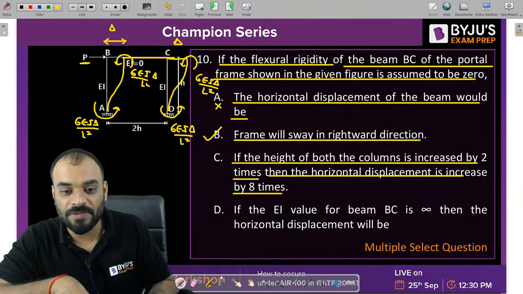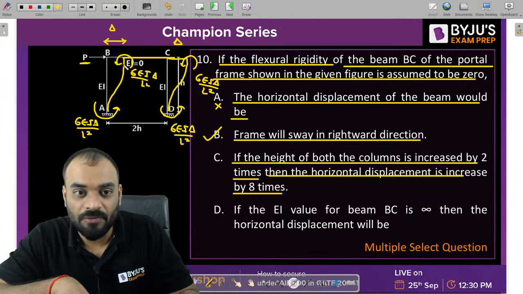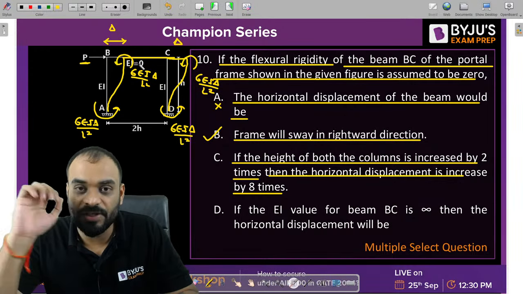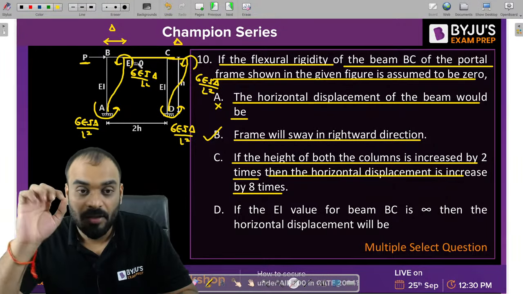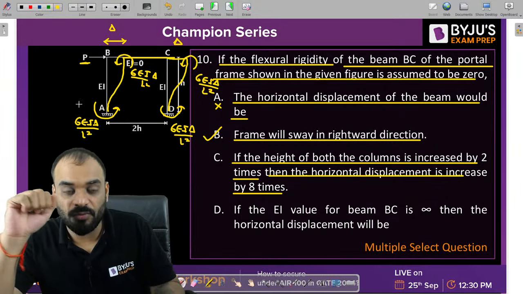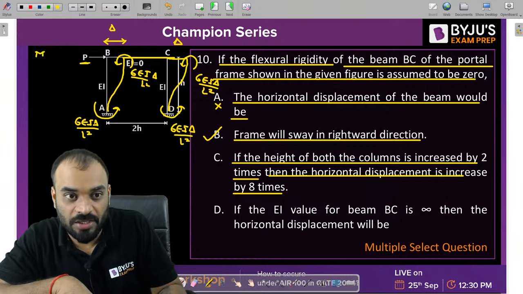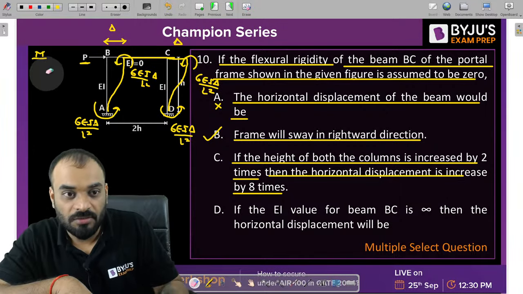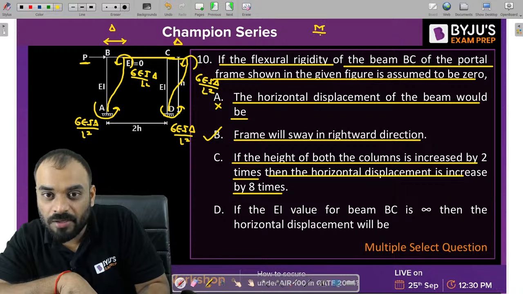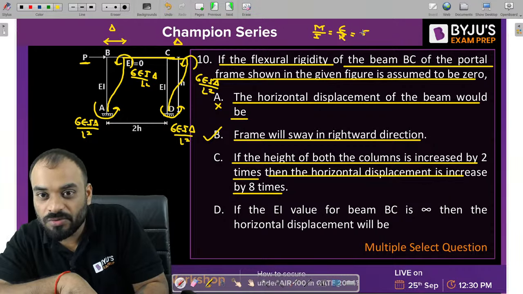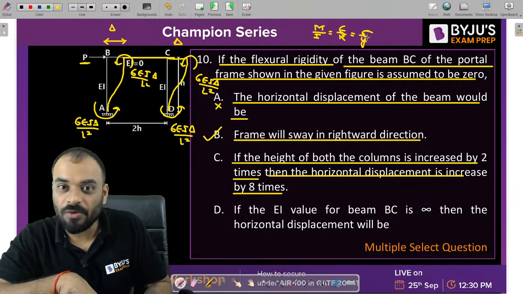Now the question is, tell me guys, when you are having EI equal to 0, listen very carefully, then only you can understand this particular point. When you are having EI equal to 0, what it means actually, let me show you with respect to our equation. M by I is equal to E by R is equal to sigma by Y, okay?